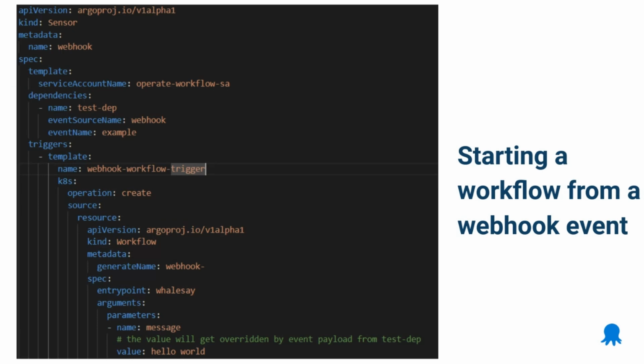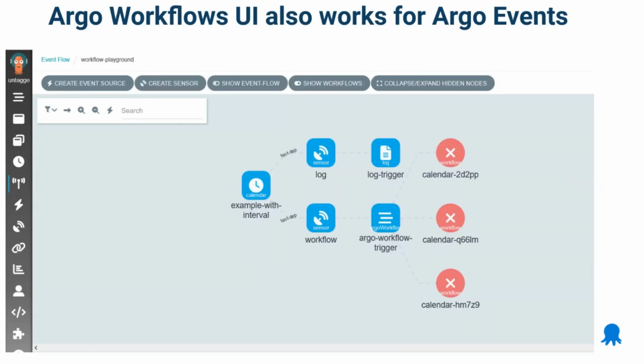So I'm saying, listen to those events, the POST requests. And when they happen, I want to intercept them. And in this example, I want to start an Argo workflow that runs hello world. So this is a very simple example. When somebody posts something at /example, I run a hello world workflow. And this is how you combine events and sensors.